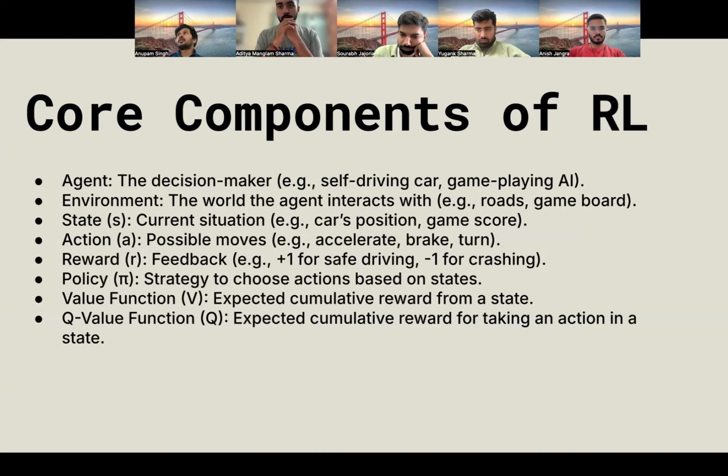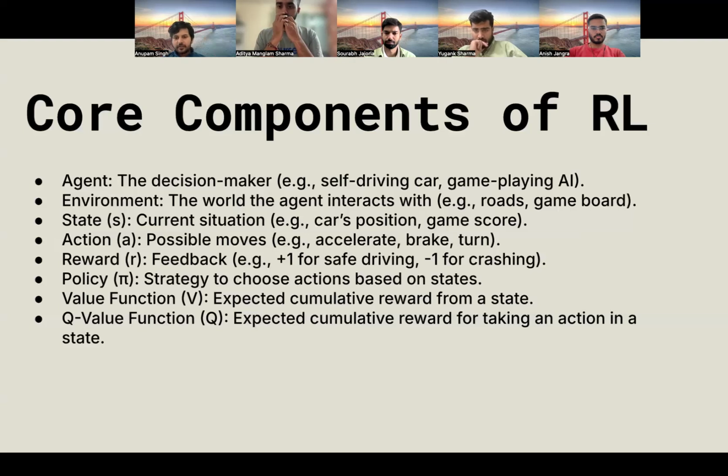Imagine you're driving a car. You change state: your car was standing, now the car is moving, until the car moves and reaches the next state, which is that it has stopped. That is the cumulative reward, and all the rewards will come under the value function.